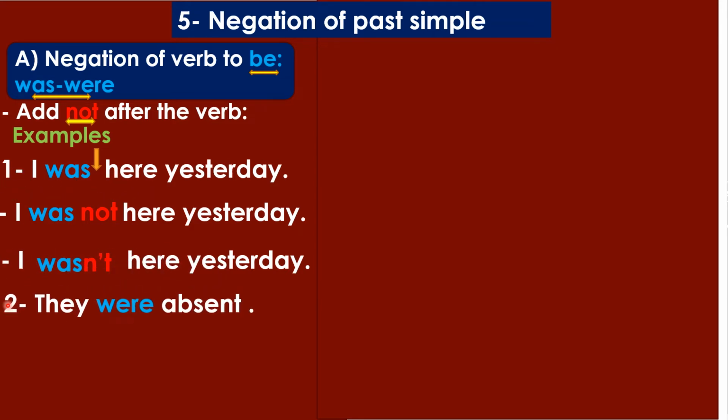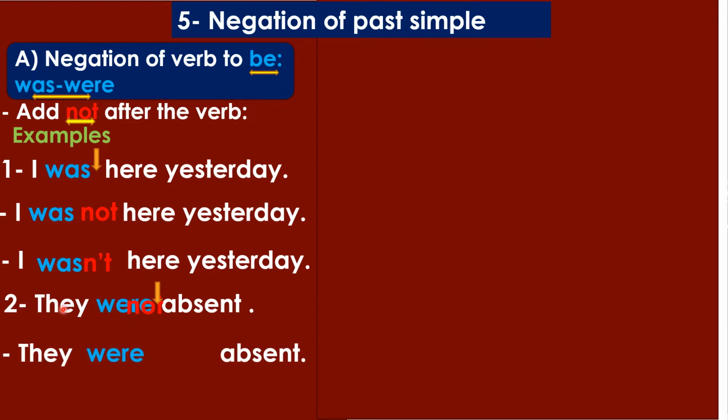Okay, let's have a look at another example. They were absent. They were absent, for example, a week ago, yesterday, any past time. هنشوف المثال الثاني. They were absent. So let's see what is going to happen. I'm going to insert not after were. هنحط not بعد were. Okay, so let's have a look at what's going to happen.